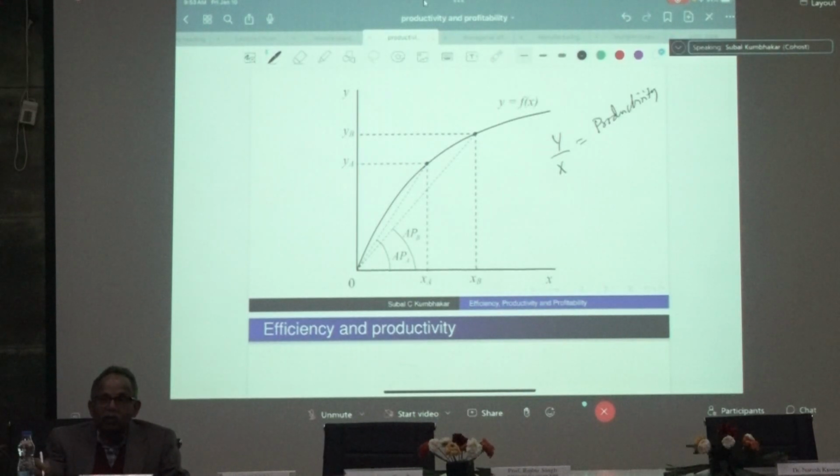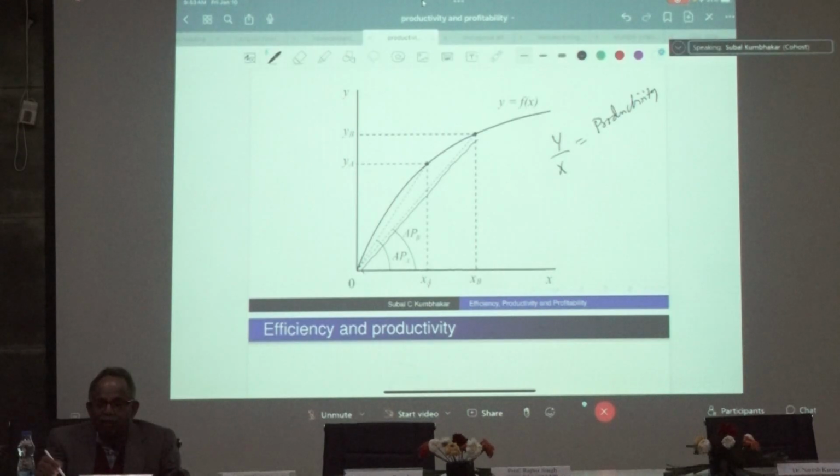So of course B has more resources, right? Now what is happening to productivity? Look at the slopes, from the origin to this point. That's the productivity for firm A, and this is indicating the productivity of firm B.